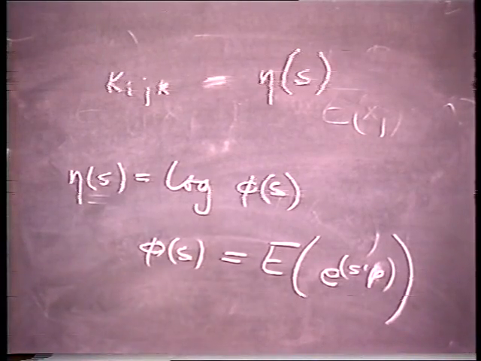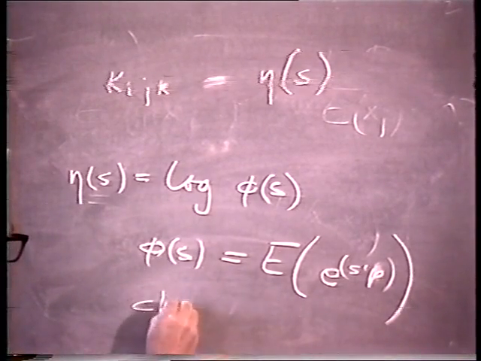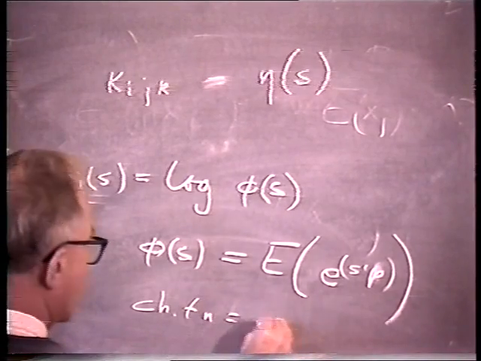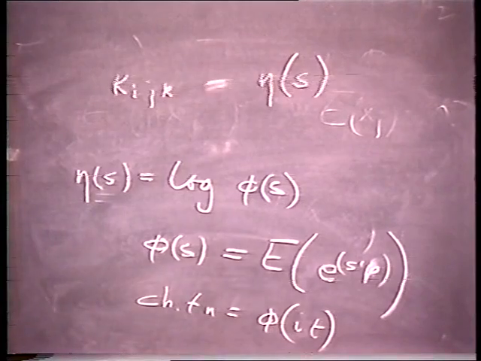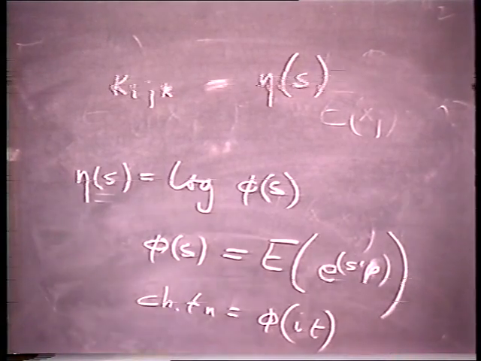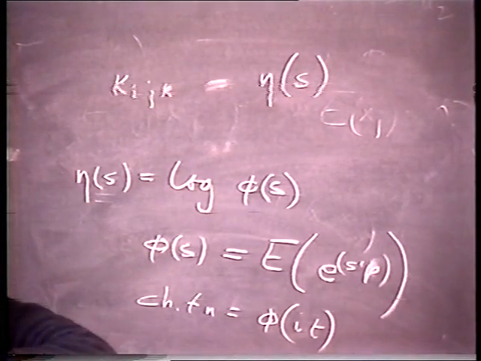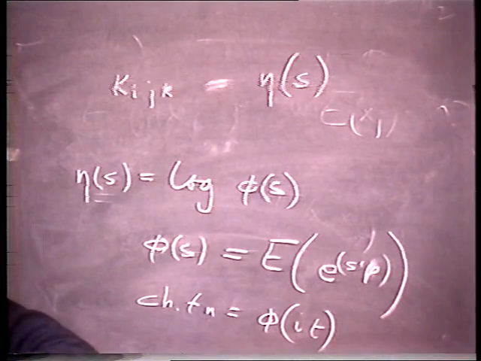Of course, phi it is the characteristic function. That's just to remind you of my previous notation. Then eta s is the cumulant generating function, it's just the log of phi s.